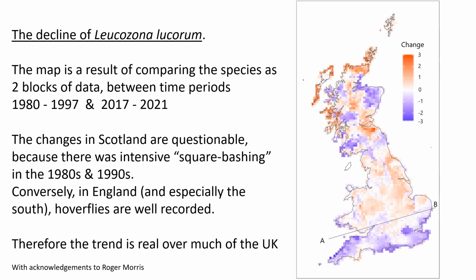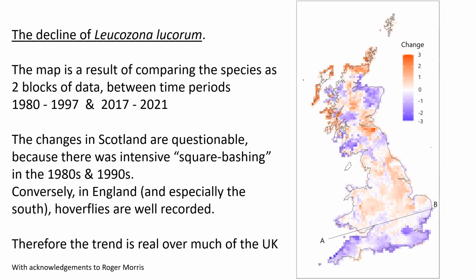Going back to being serious again about the same species of hoverfly, looking at the trends, there is an interesting trend apparent in the map on the right of the UK.